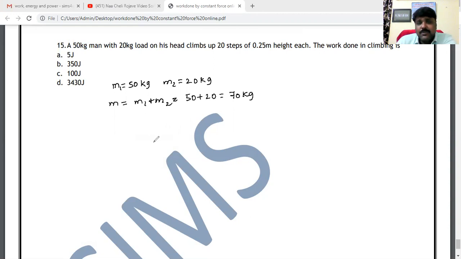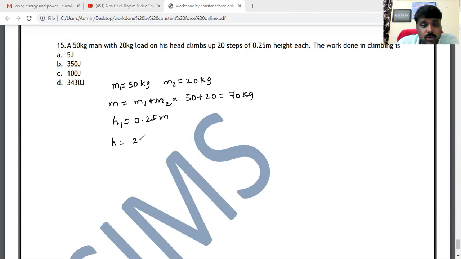On his head, he climbs up 20 steps of 0.25-meter height each. Each means each one, h1 equals 0.25 meters. He climbed 20 steps. That means how much is the total height he reached?